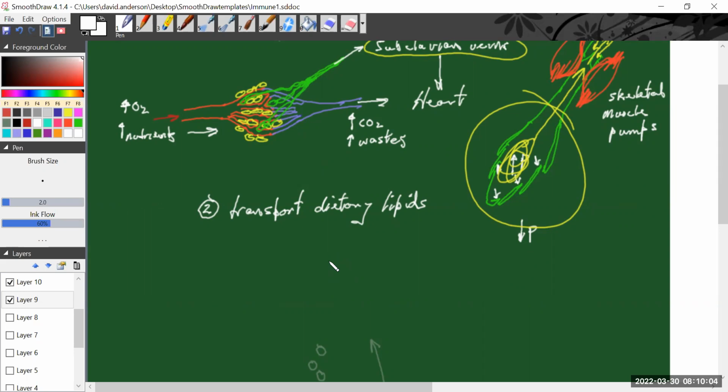They're going to pick up some of these larger fatty molecules that have been absorbed in the small intestine into the lymphatic vessels and returned to the circulation in the same way that the fluid was at capillaries, but starting in the digestive system.